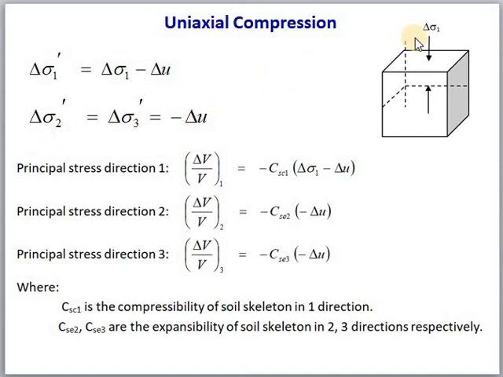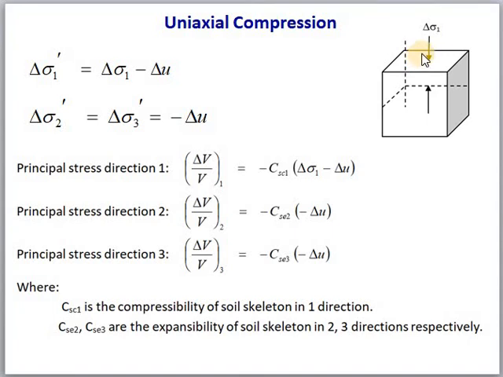Now the principal stress in this direction, that is here, the change in volume by the actual volume, is equated as minus C_S C1 into (delta sigma 1 minus delta U), that is for this. And for the other directions you know that it is only the pore pressure, so C_S E2 and C_S E3 are the coefficients of expansion here, because due to this change in stress in this direction, the specimen will laterally expand in this second and this third direction due to this compression.